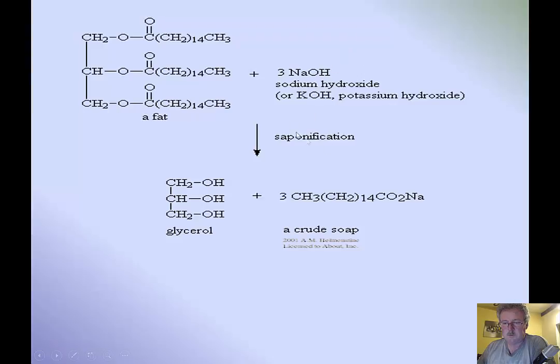So here you can see we've broken this off. We get glycerol, and we get the 3 parts here, and we get sodium attached. So this part forms a negative ion, this part a negative ion, and we attach sodium to it to neutralize this molecule. It becomes neutral.